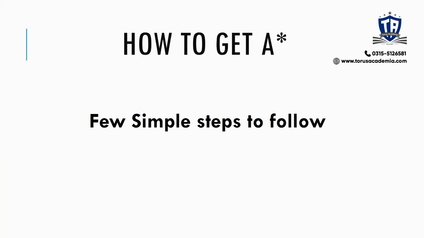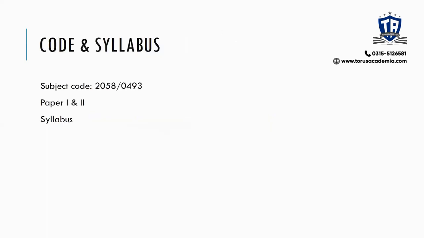So the topic today of the introductory class is how to get A star. There are a few simple steps to follow to get an A star. Students of Islamiyat, in the beginning it seems to be very easy, because as a Muslim, this is very easy for a subject.